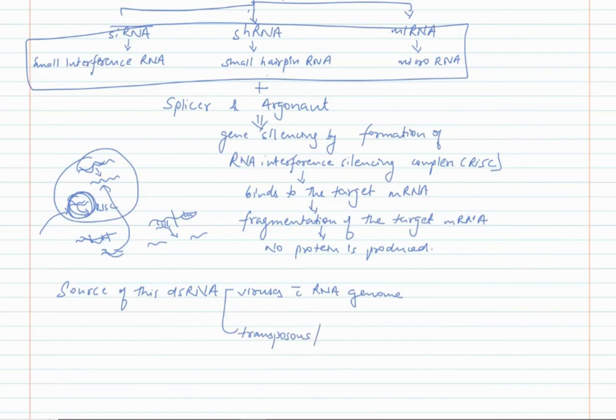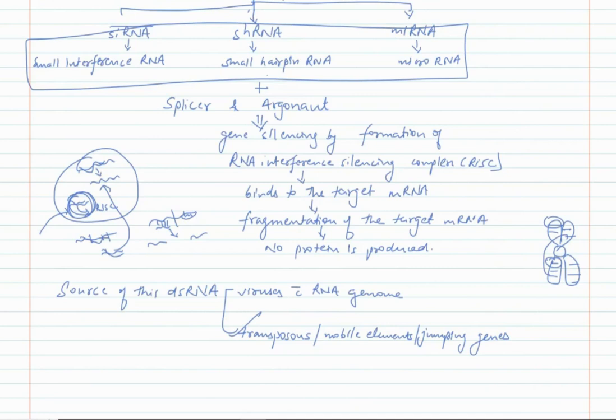Transposons are also known as mobile elements, or jumping genes. Now we know that in a chromosome, the location of each gene is fixed. Transposons are a special type of mobile elements that can change their position in the chromosome.